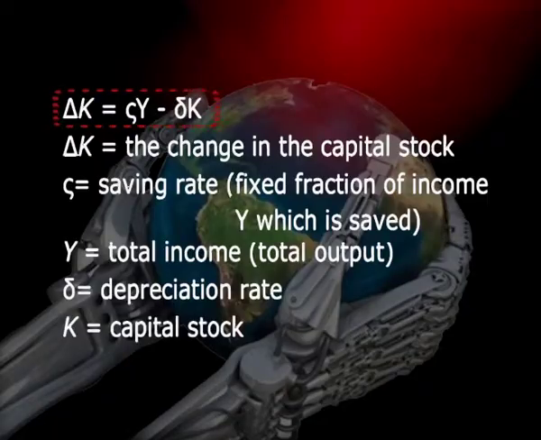Change in capital stock can be given by delta K is equal to sigma Y minus delta K, where delta K is equal to the change in capital stock, sigma is equal to the saving rate, which is a fixed fraction of income which is saved. Capital Y is equal to total income, small delta is equal to depreciation rate, and K is equal to capital stock.